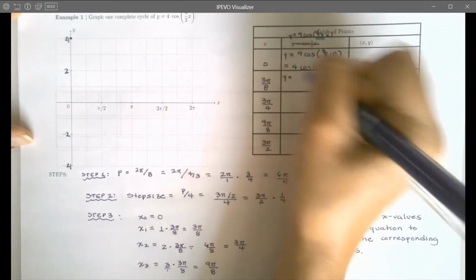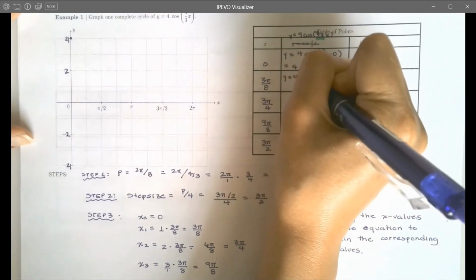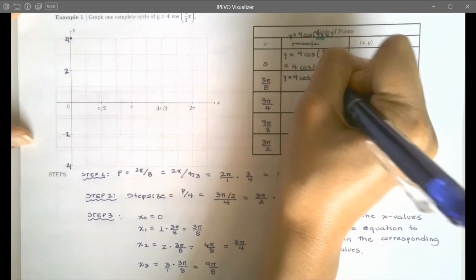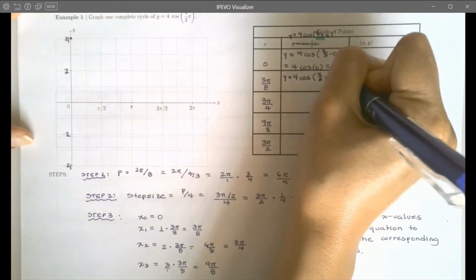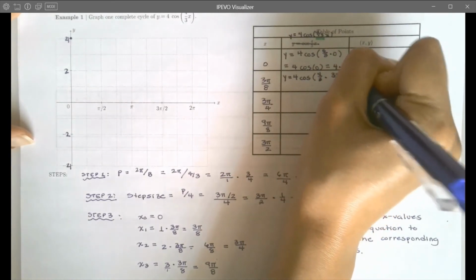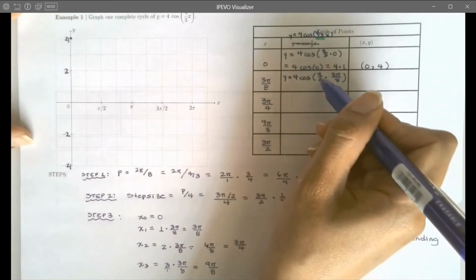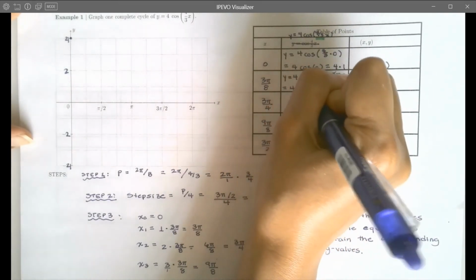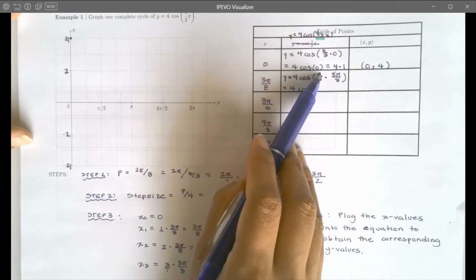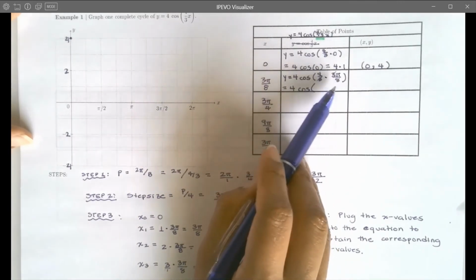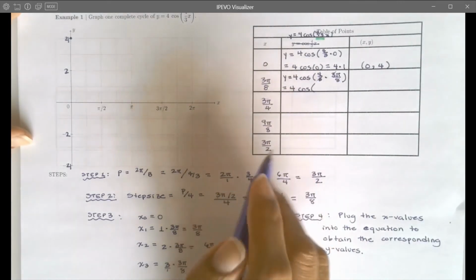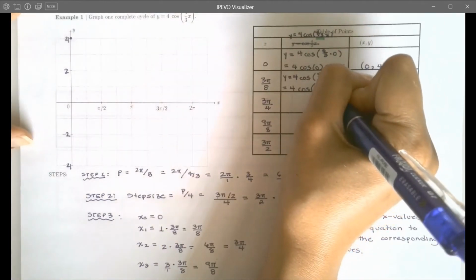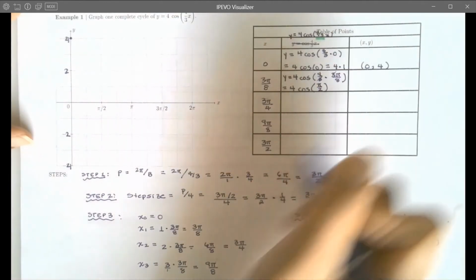Okay, next x value, we're going to get 4 times cosine of 4/3 times 3 pi over 8. The 3's are going to cancel, and it's going to give us 4 times cosine of 4 pi over 8, but that's going to reduce down to pi over 2.